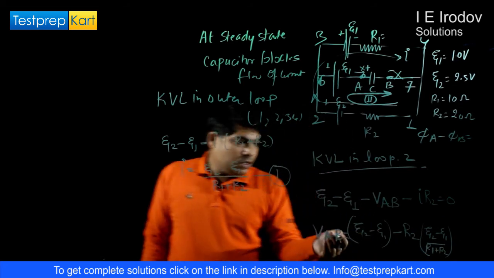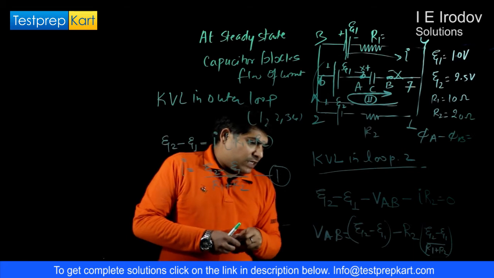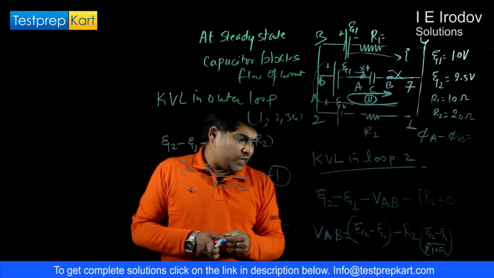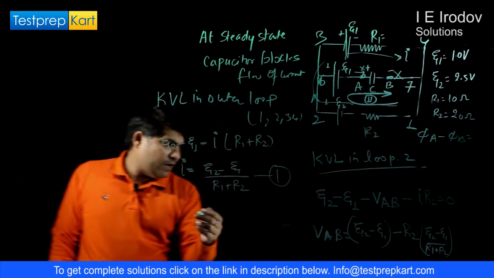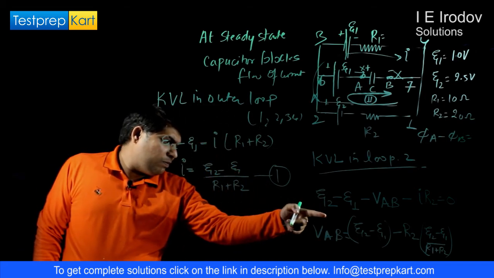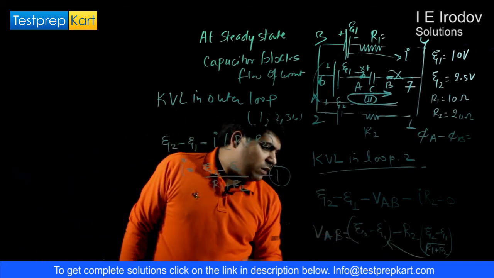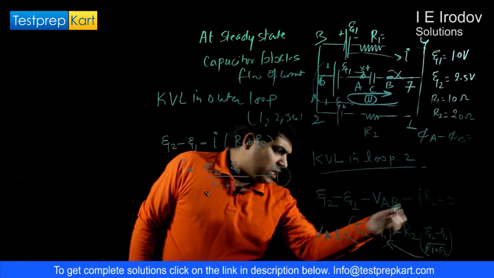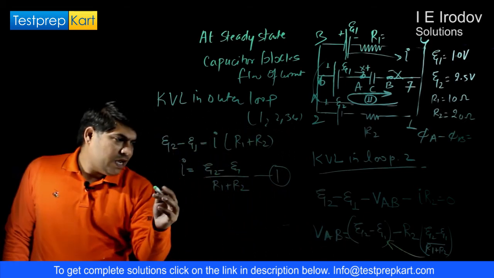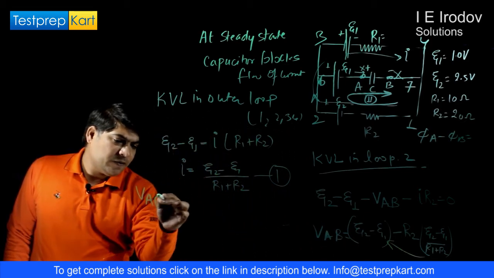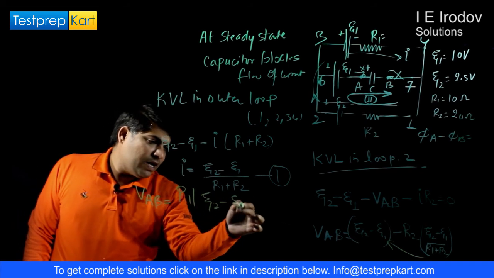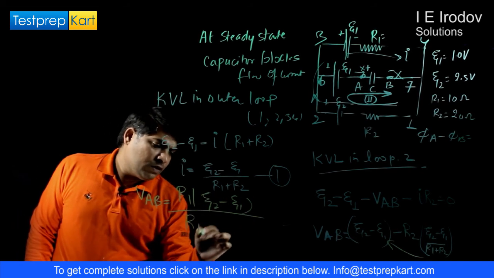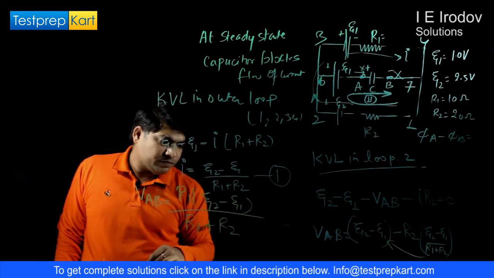Okay, if we simplify this expression, although we can substitute the numerical values here only, but if we want to simplify, then multiply by R1 plus R2 in this term, and because of that the R2 term will get eliminated, and we'll get VAB is equal to R1 into E2 minus E1 over R1 plus R2.